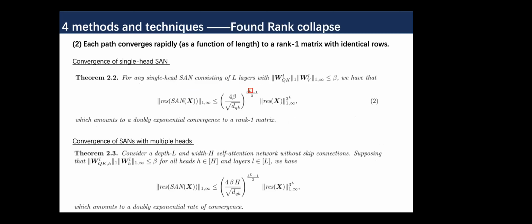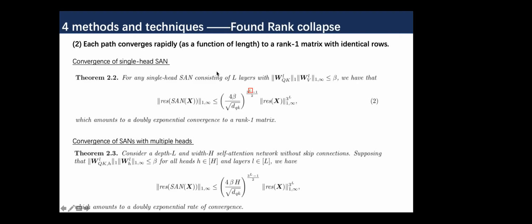So the next thing is to find this phenomenon, rank collapse. This might look really complicated, but we can focus on L. The left side of the formula represents the residual of SAN, and the right side represents its upper bound.